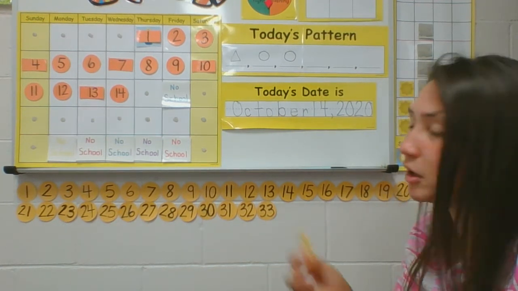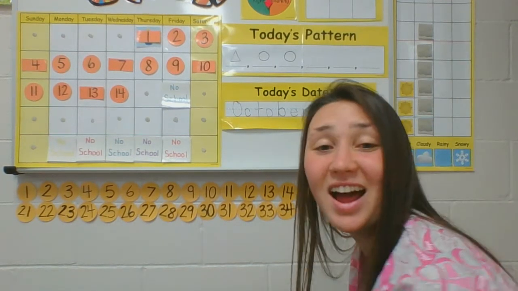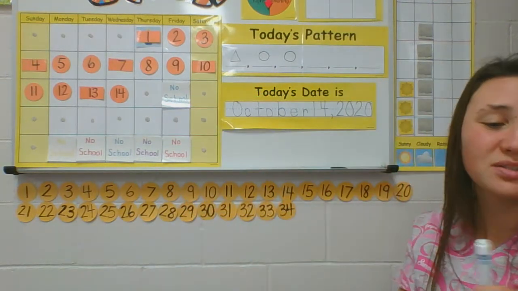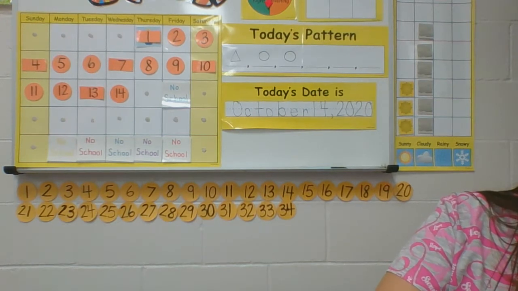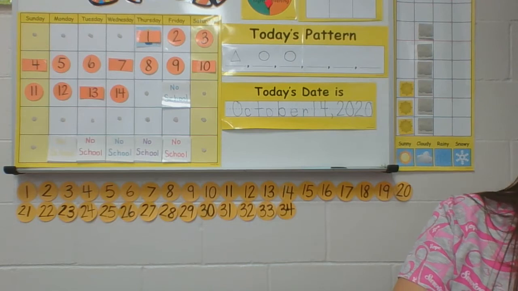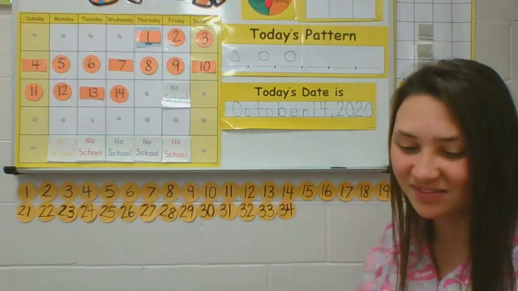So I'll put it up here: 34 days in school. And then I will color in the 34th square for days in school. All right. Now we can move on to, here you go, 34 days.